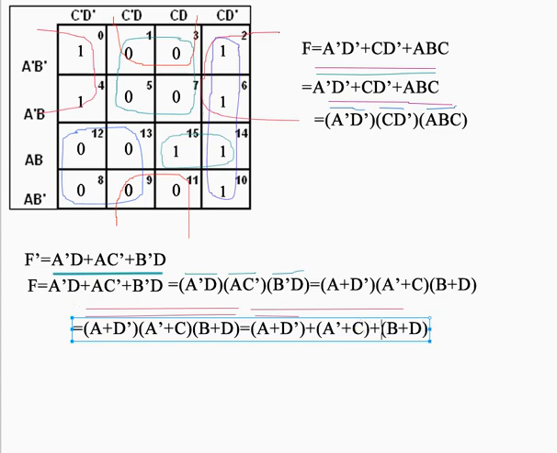And now I can complete the rest of the complements. So I have a complement on this term, and then I have another complement on this term, like that. Okay, so this complement changed the ands into ors and complemented each term.